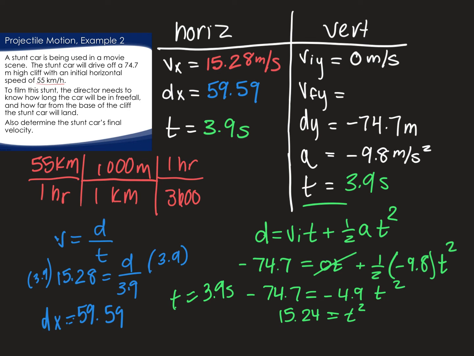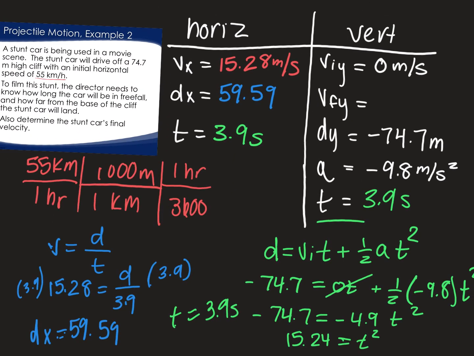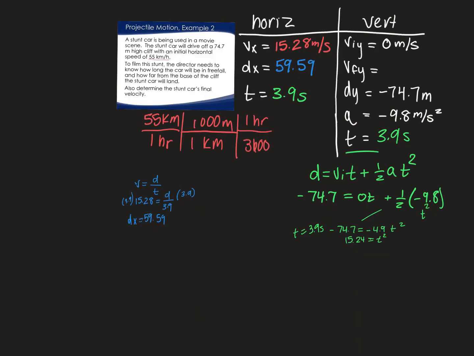Okay, so now all we have to do is find the final velocity. Let me pause and make more room. Hopefully you guys can see enough of that if you still need it. So let's find final velocity. I'm going to use VF equals VI plus AT.